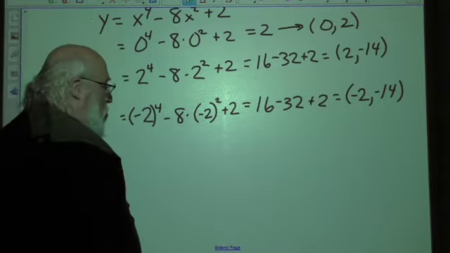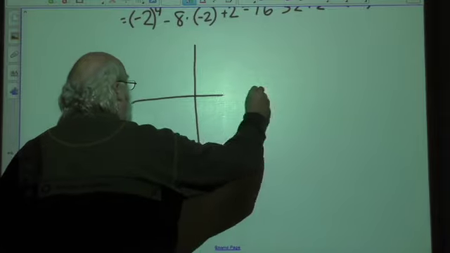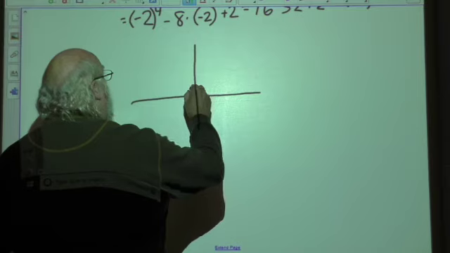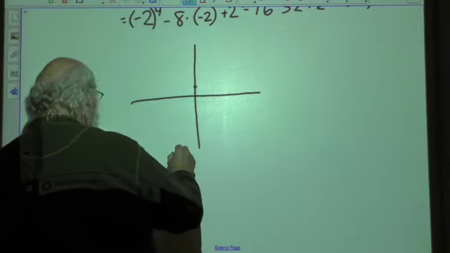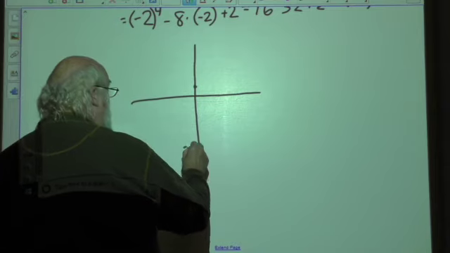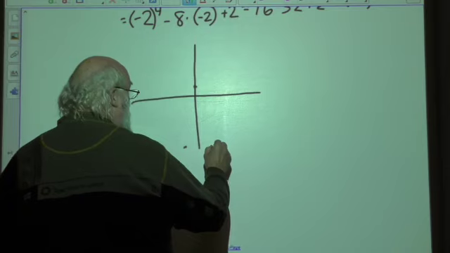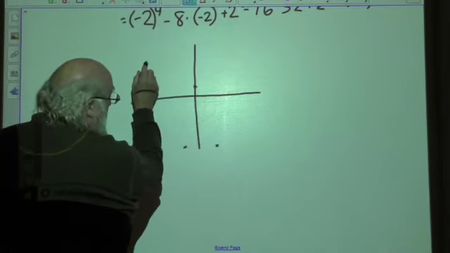And if you were to go ahead and graph this on your calculator, it's going to look something like this. Here's the point (0, 2). And let's say that this is the point negative 2, negative 14, and this is positive 2, negative 14. And you're actually going to see something like this.